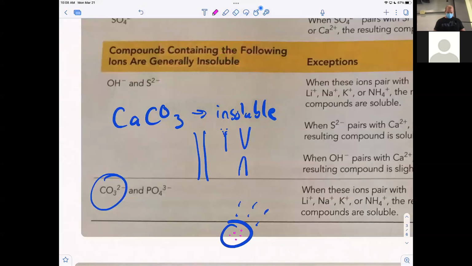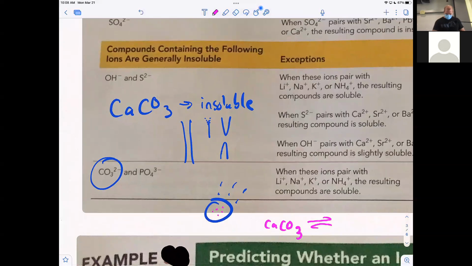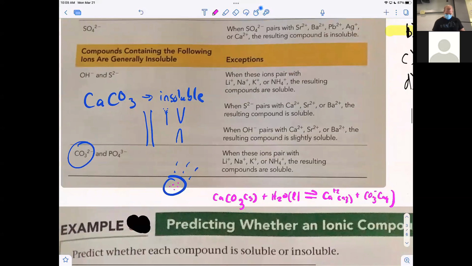Calcium carbonate in water is actually in equilibrium, so you can get a little bit to dissolve. It's very, very small, but it dissolves a little bit.